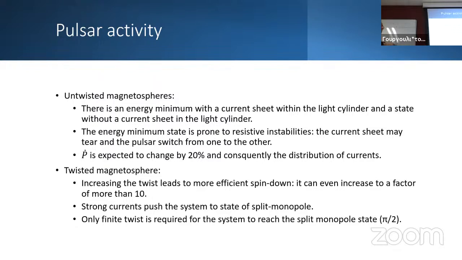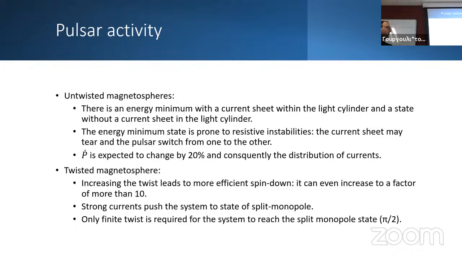Now, the energy minimum state that has this current sheet is prone to resistive instabilities, because the current sheet is there, but it may tear. Whereas the current sheet at the exterior, even if it tears because of some instability, will have to form again, because in a steady state solution you can't have field lines that are crossing vertically the equator.